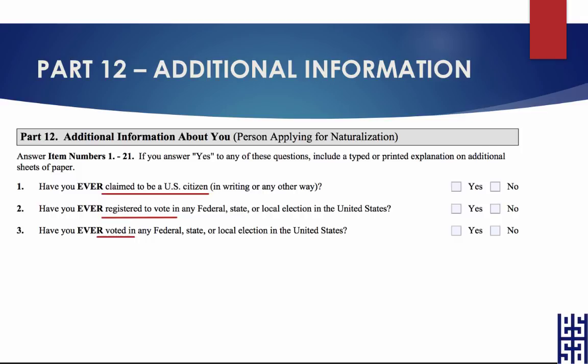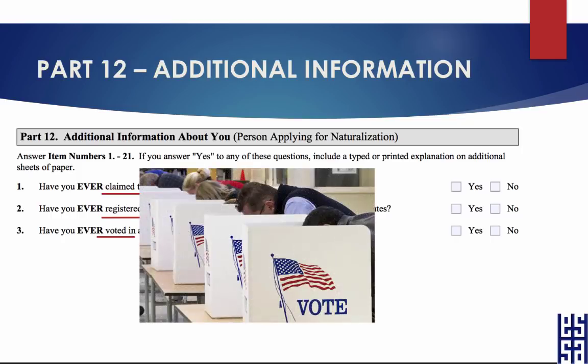Many people have mistakenly claimed to be U.S. citizens and registered to vote when applying for a driver's license. This can be a serious issue and will need to be addressed with legal counsel, especially if this happened on or after September 30th, 1996, when a law making these people ineligible for citizenship came into effect.